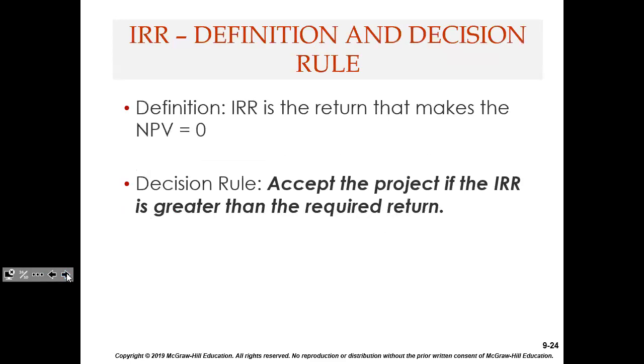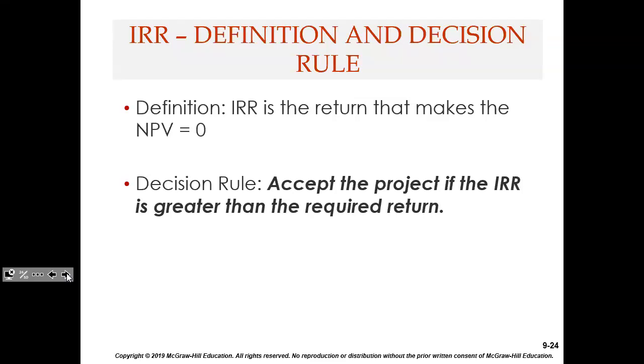Internal rate of return is the rate of return that makes our net present value 0. So basically, it's where we break even. What rate of return makes us break even? And then we accept the project if our required rate of return is less than the internal rate of return.